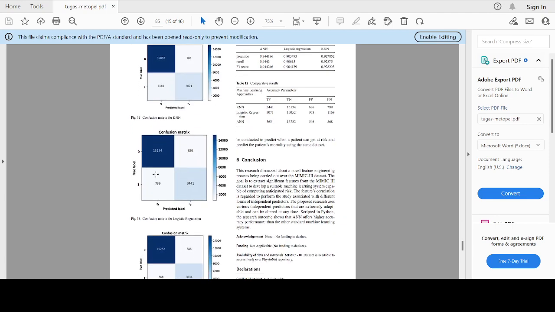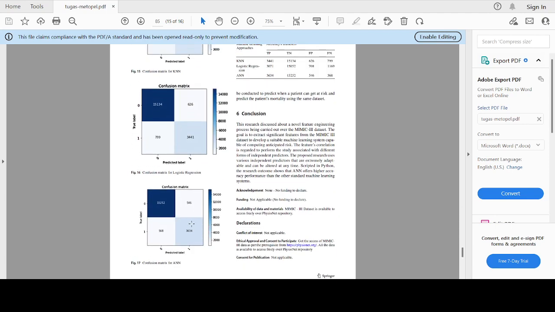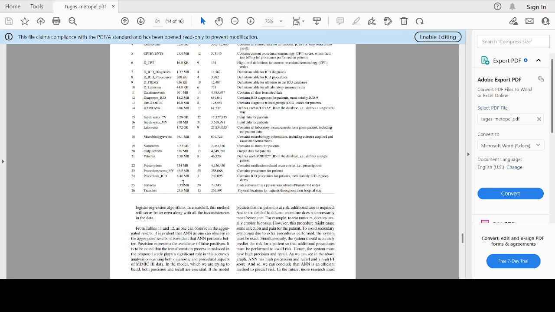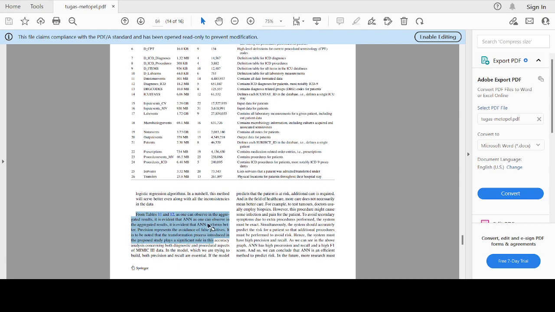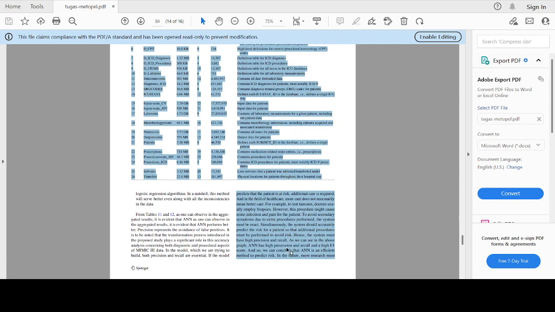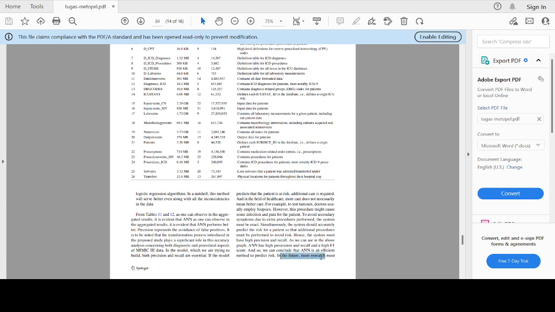Okay, this is the confusion matrix. It's like the method result as observed. In the future, okay, this is the suggestion.